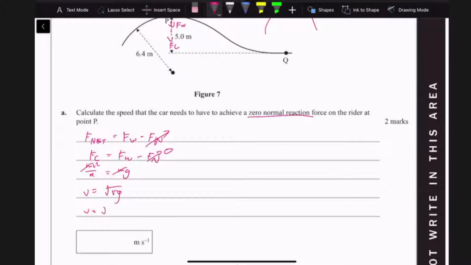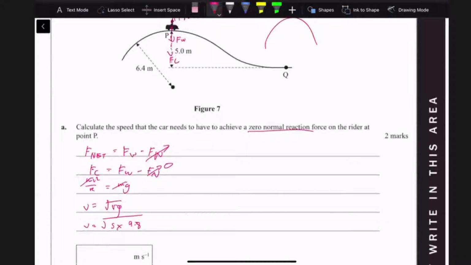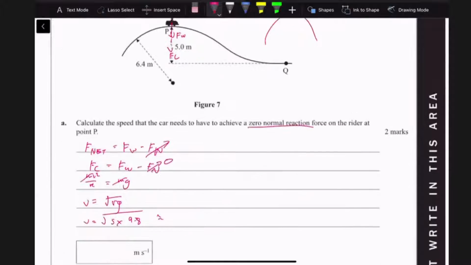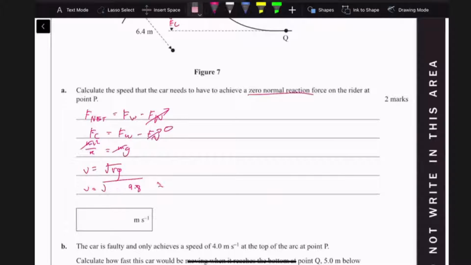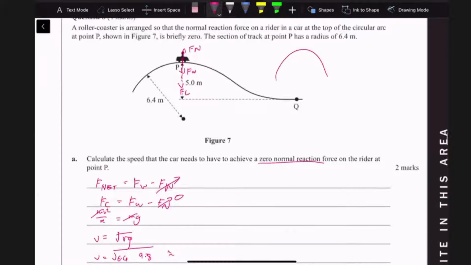And R is 5 and g is 9.8. So you can just put that into your calculator. Actually, R is not 5, R is 6.4. 5 is the distance from Q to P. R is this one.